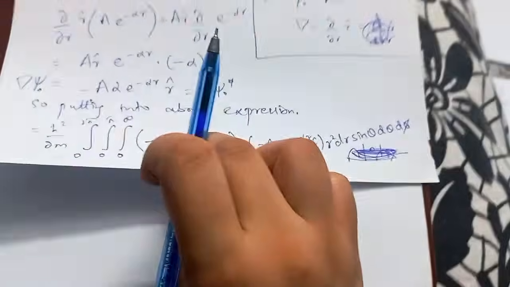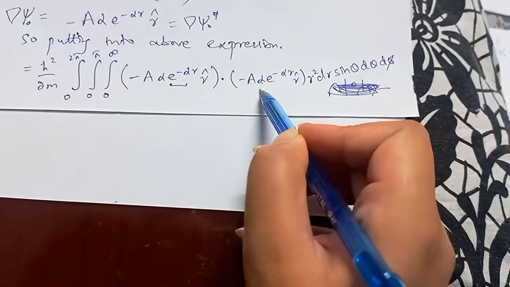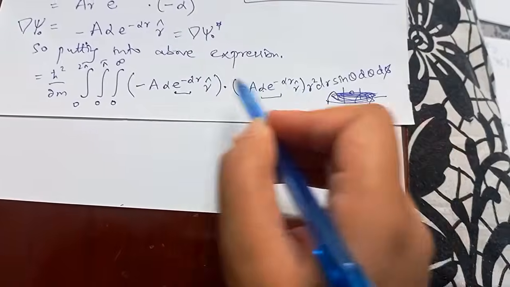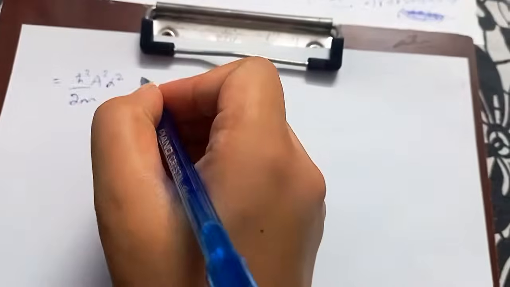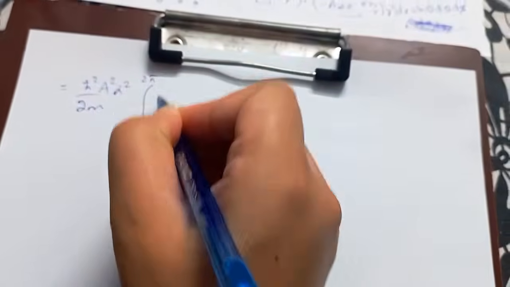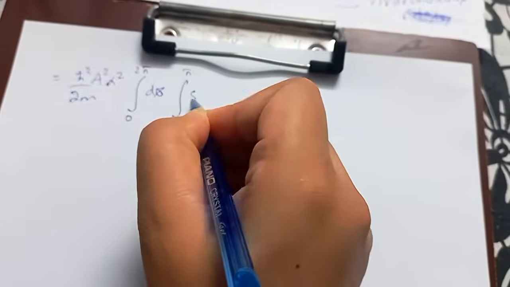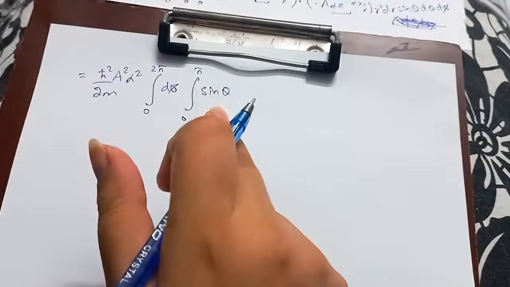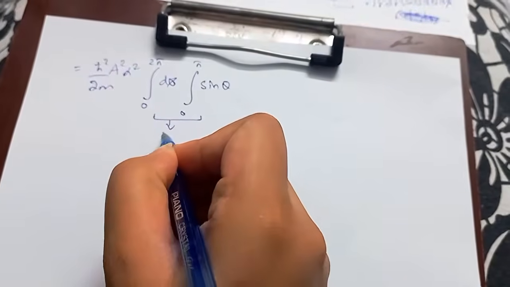Since there is a dot product, we get the product of these two quantities, and the r unit vectors are removed in the process. So 0 to 2 pi d phi, 0 to pi sine theta. You can remember the results of them. Both of them combine to give 4 pi.